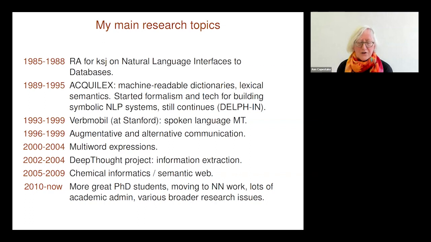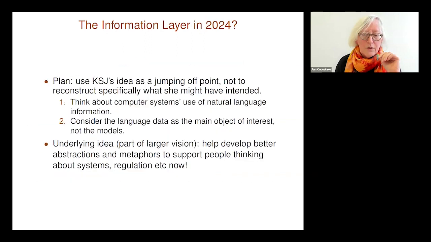So I just wanted to give you that slide to give you some brief idea of the various points, which I'm not going to go into explicitly, where what I'm talking about intersects with research I've done. I hope, therefore, I've got some knowledge of a fairly broad range of topics, shallow knowledge of a fairly broad range of topics. So what I'm planning to do is to use Karen's idea as a jumping off point.